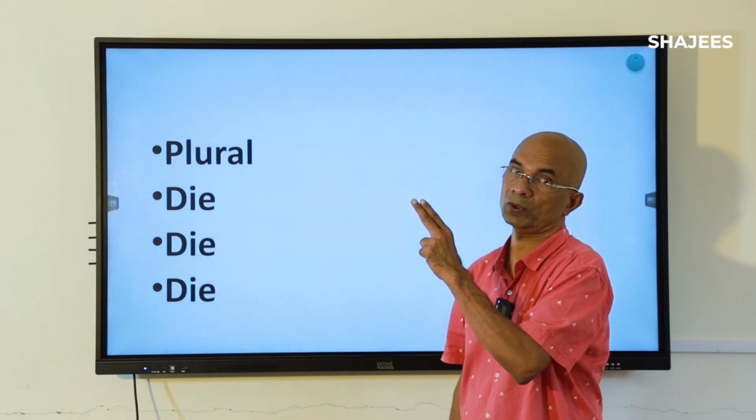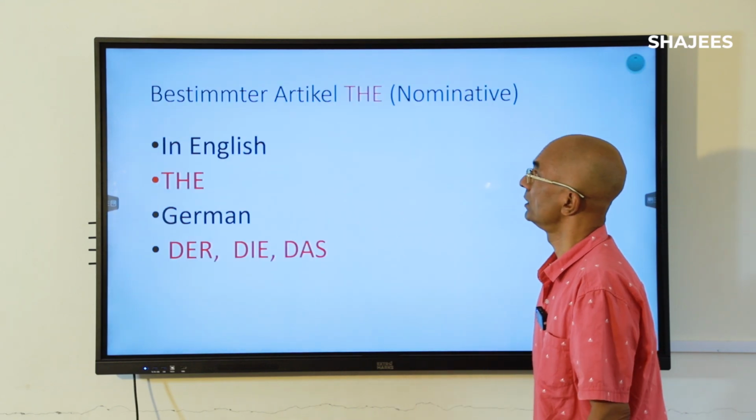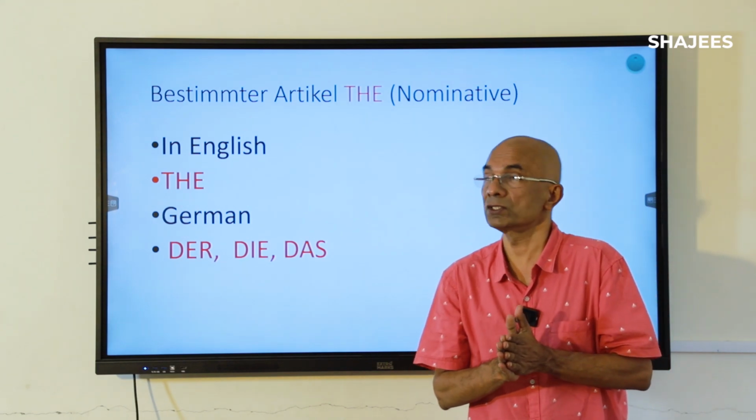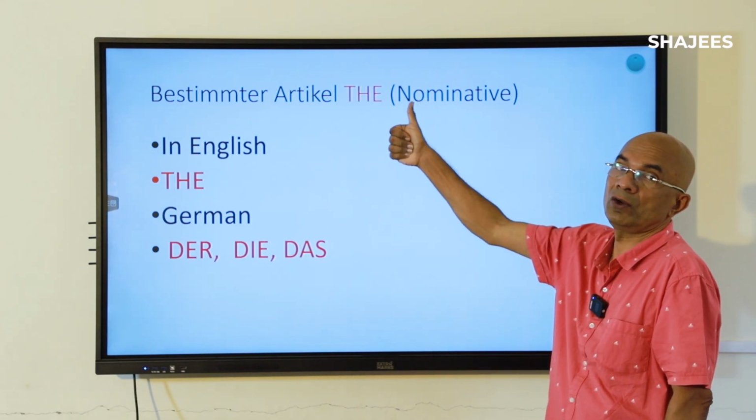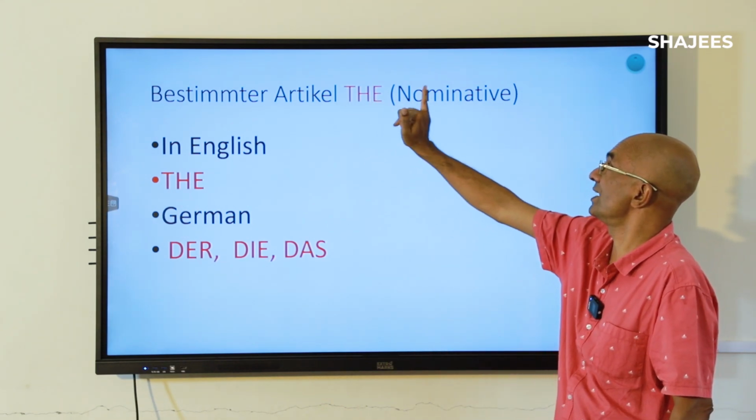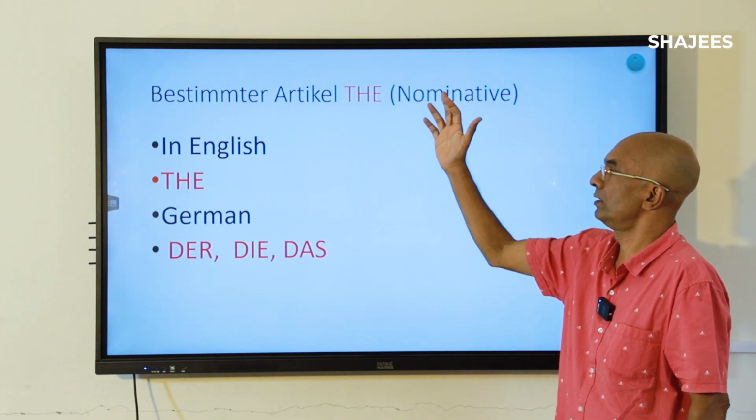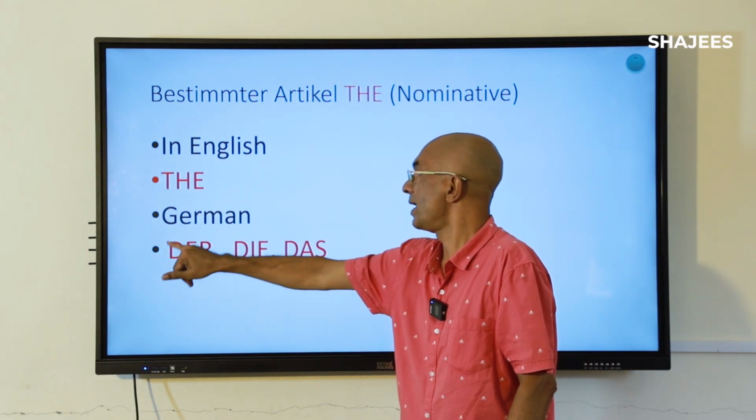That is plural; we'll explain in detail. Here, the definite article means the. We call it in English the, T-H-E.